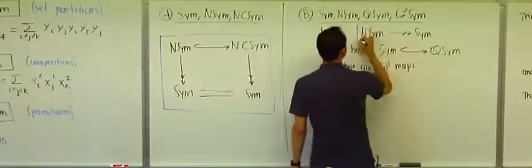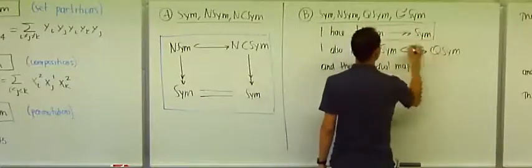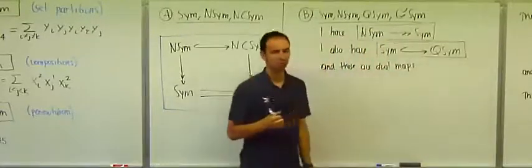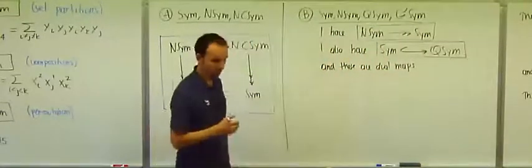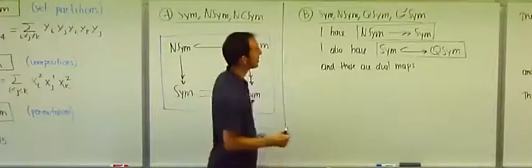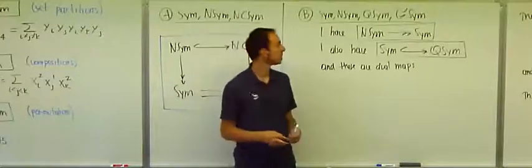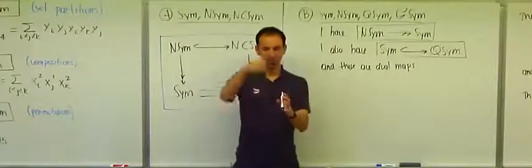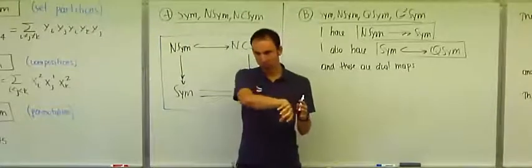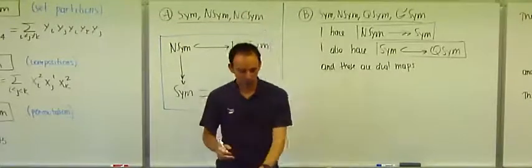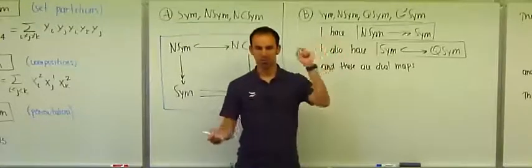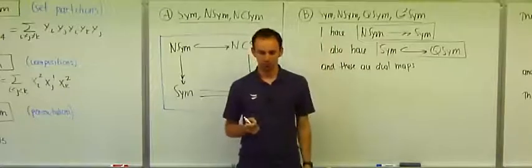So I have this map, I have this map, and they're dual to each other. That's how these three are related: NSym projects to SYM, SYM goes into QSYM, and QSYM and NSym are dual to each other.